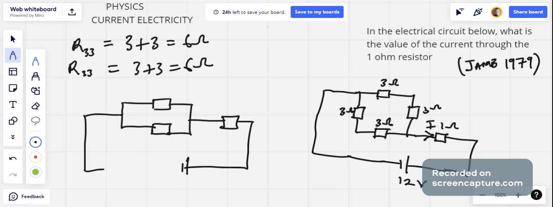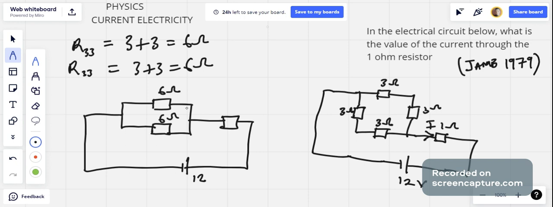So this is what the circuit now becomes. These two resistors that are in series, you add them and it becomes one resistor here, 6 ohms. And this other pair too, when you add them, becomes one resistor here, 6 ohms. So you see how I've resolved that.